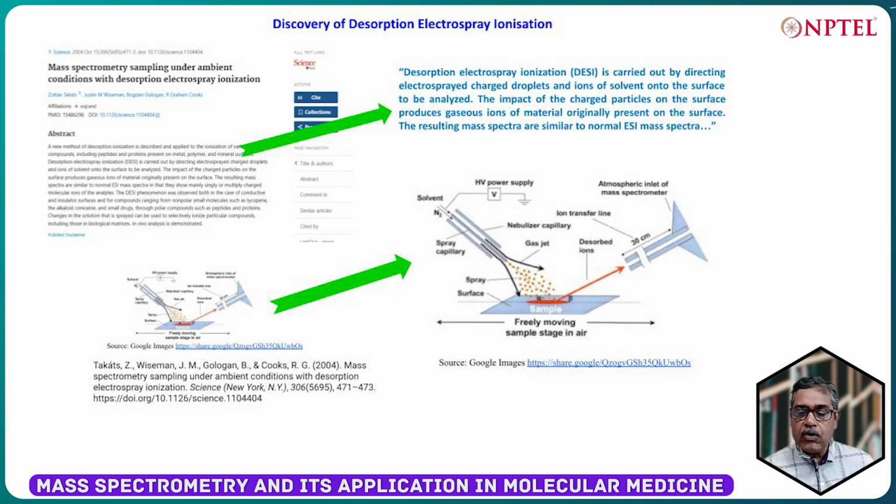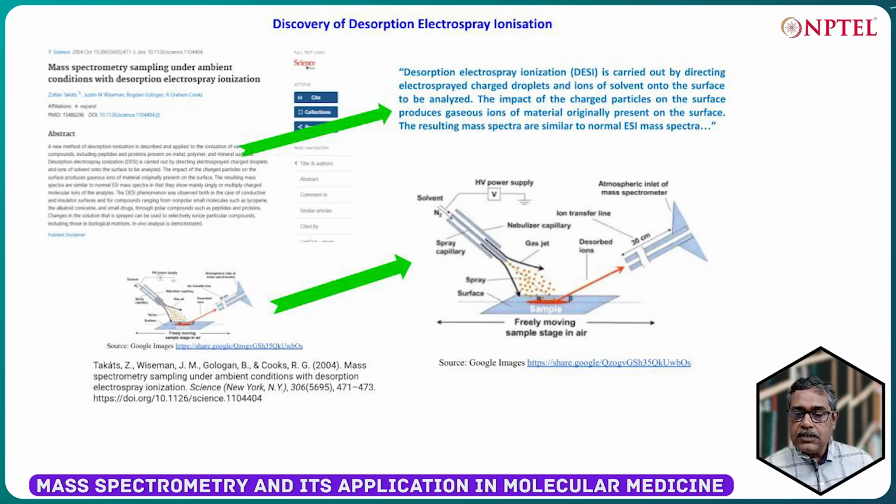So basically we are talking about another phase of ionization, secondary ions that are expelled from the surface by the solvent jet, and then taken inside the mass spectrometer, which is finally analyzed to give the ESI mass spectra.